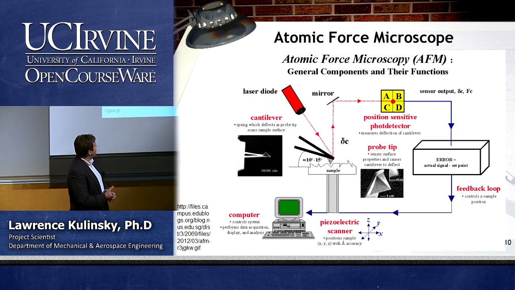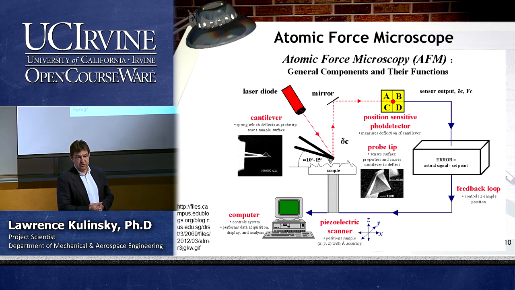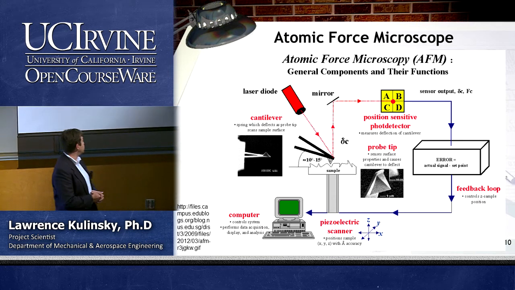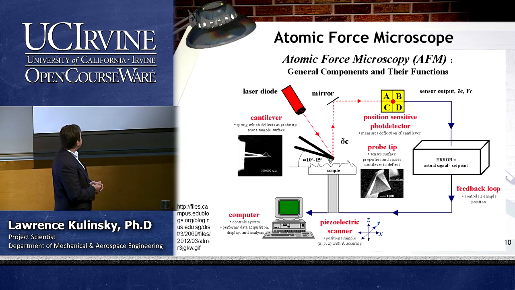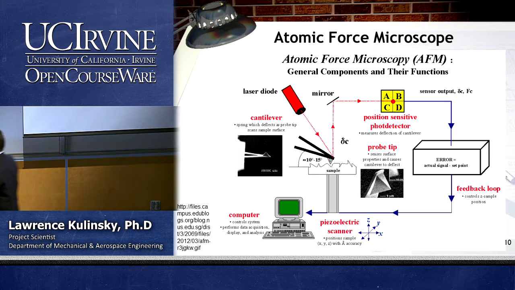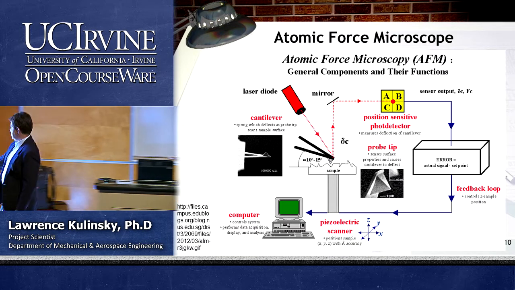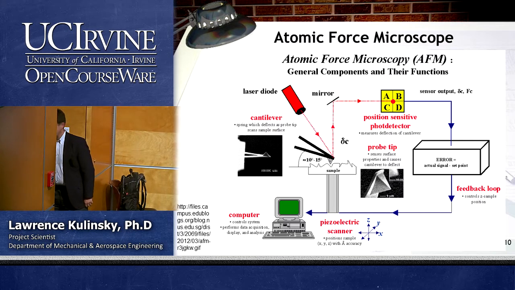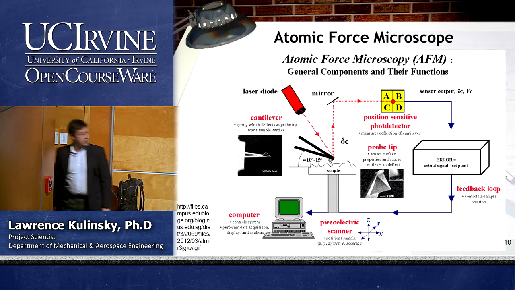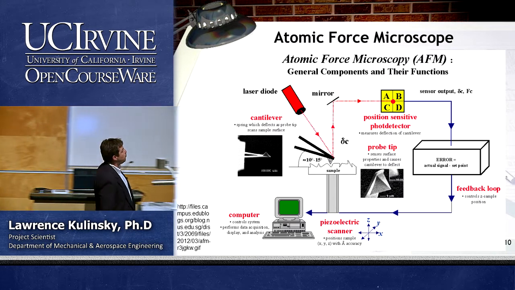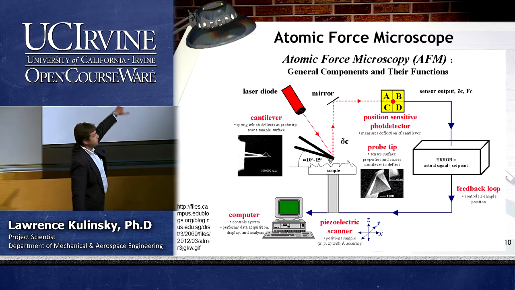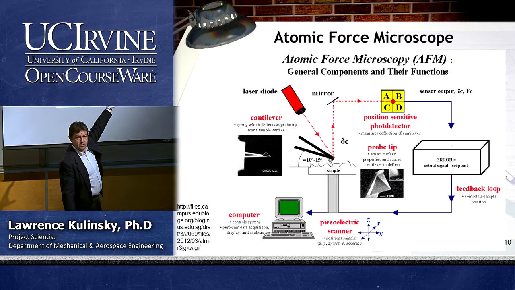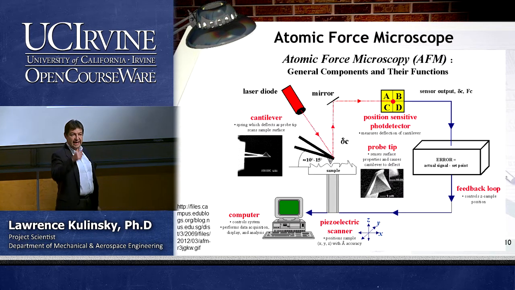So in the atomic force microscope, again, you will have our friends the piezoelectric stage positioning. One thing that you will have is force feedback on the cantilever. And the positioning of the cantilever would be given by a laser.